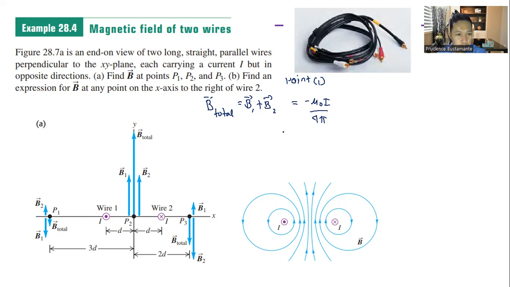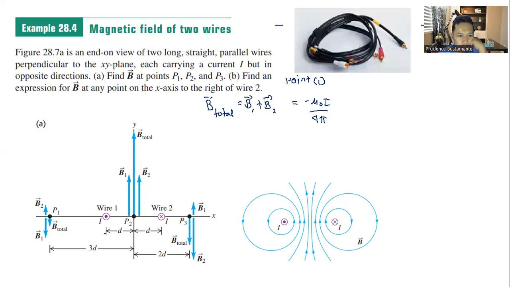So here at point one, let's start at point one. The distance from wire one to this point is D, and this one is 2D.